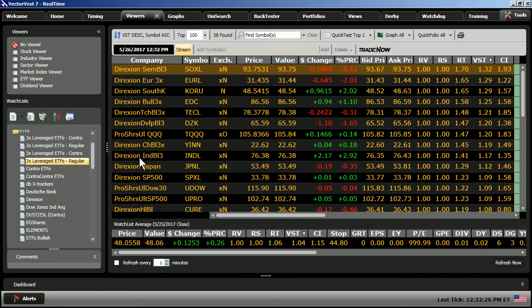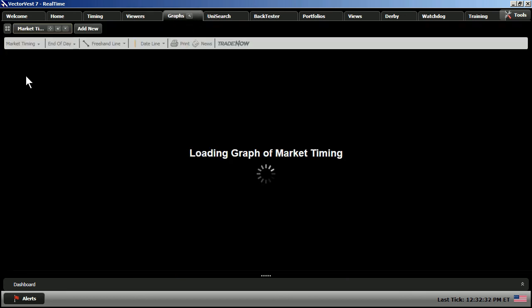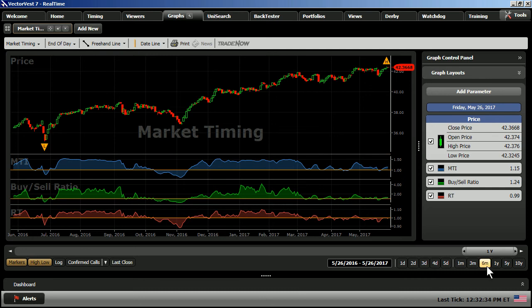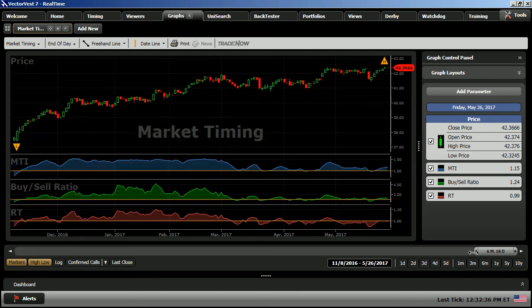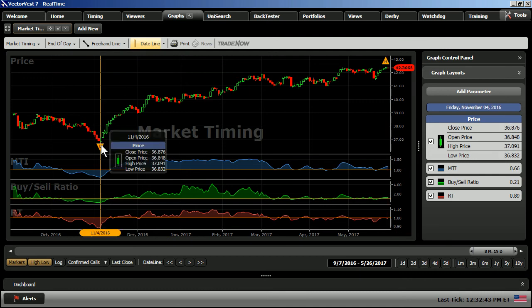In case you missed last week's session, we'll go to the Graphs tab. We're going to move from a stock graph to a market timing graph. We're going to put this on a 6-month graph and move this out just a little bit. Here's that November time frame where we did hit a market bottom. There's the low. Coming off of that low, we were looking at the green light buyer timing signal where we found the first green light coming off of the bottom.